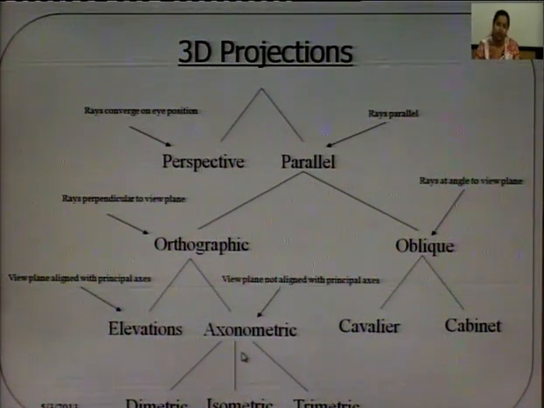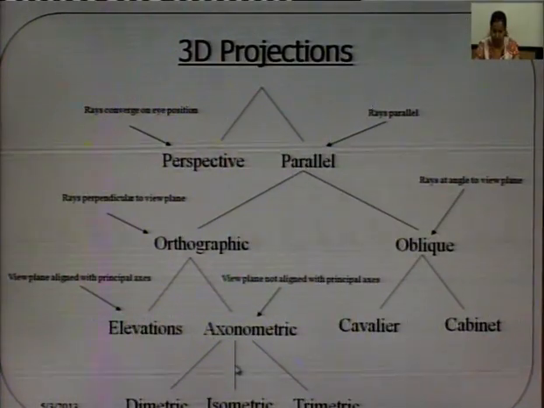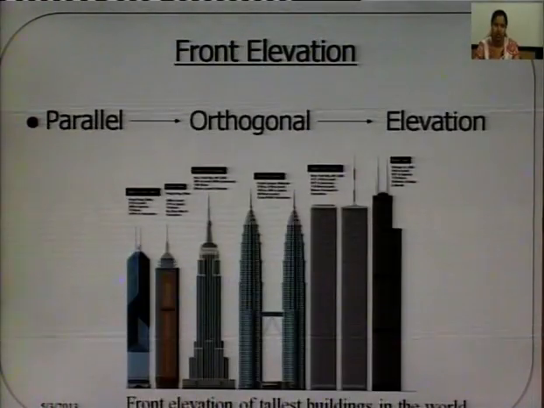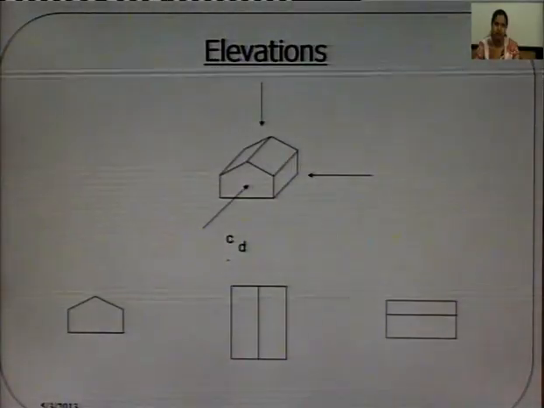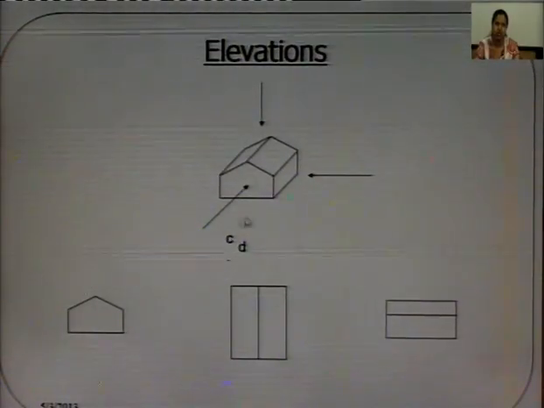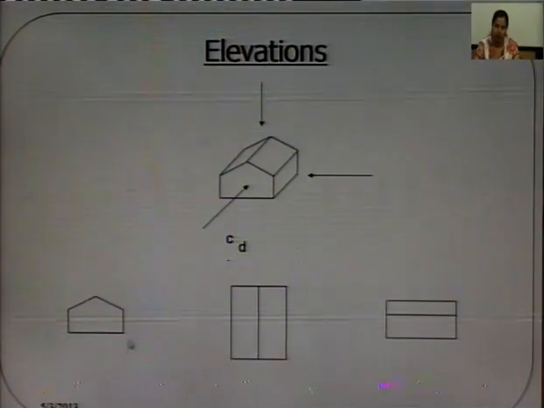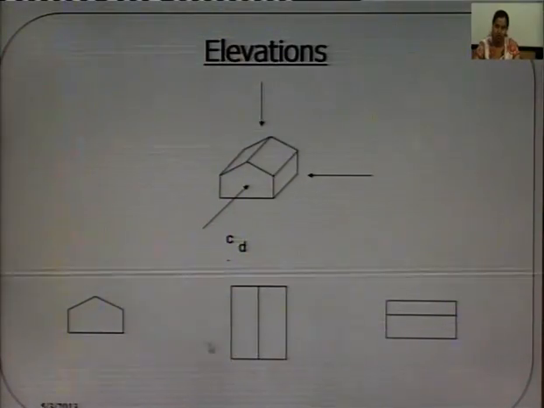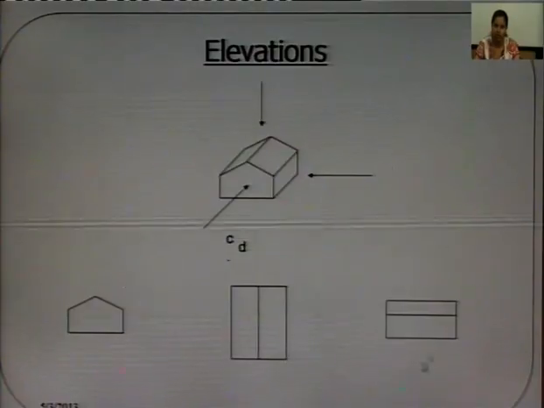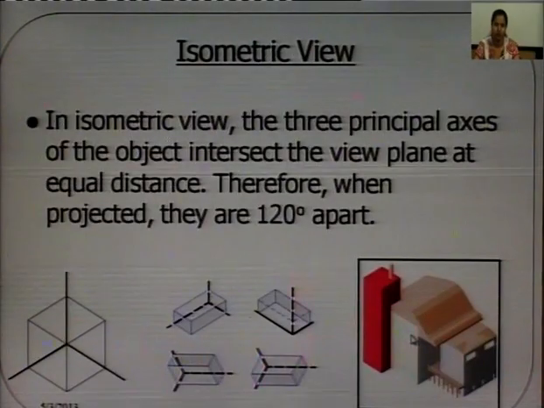When the view plane is aligned with the principal axis, we say it is the elevation. When it is not aligned, we say it is the axonometric. This is the front view, this is the top view and this is the side view.